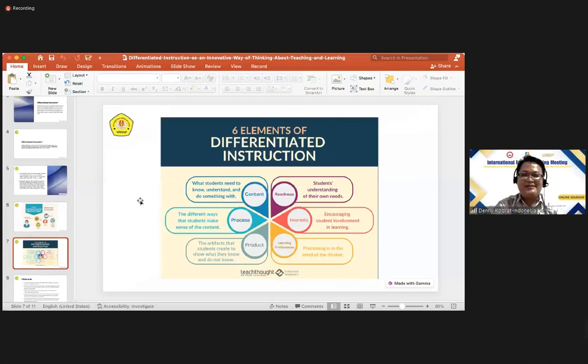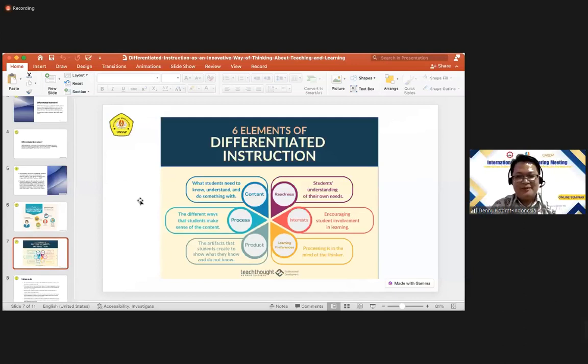It depends on the students' needs, of course. If students tend to love visual, or they prefer audio, or psychomotoric or kinesthetic, the teacher should accommodate the different needs and the different wills of the students.